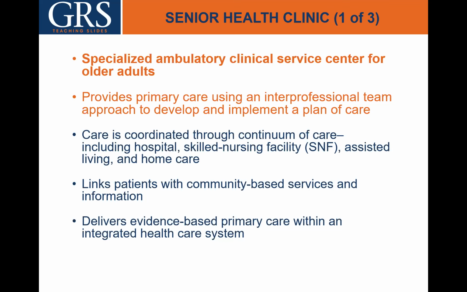For the facilities in this model, I believe all of you are very familiar with them, which include skilled nursing facilities, assisted living facilities, nursing homes, home care, and hospitals. Basically, it links patients with community-based services and information, and also delivers very good primary care within an integrated healthcare system.